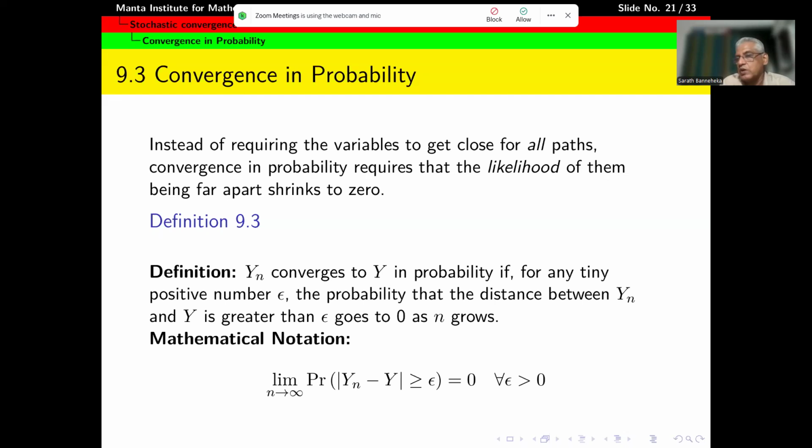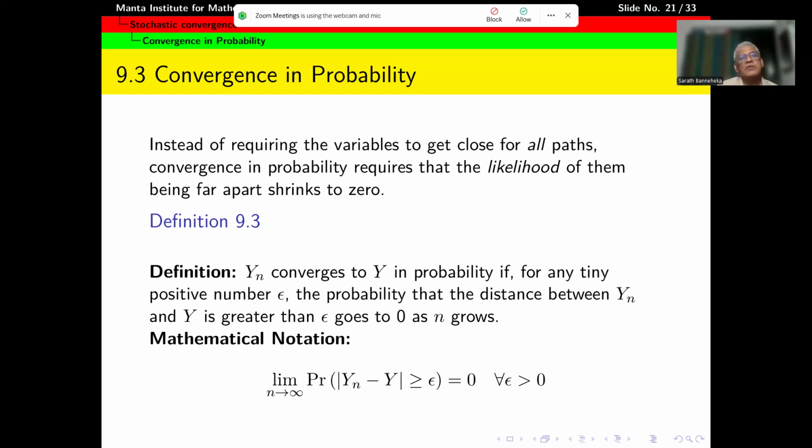In the previous one, we were considering the difference between X_n and X, looking at the sequence X_n becoming closer and closer to X as n goes to infinity.